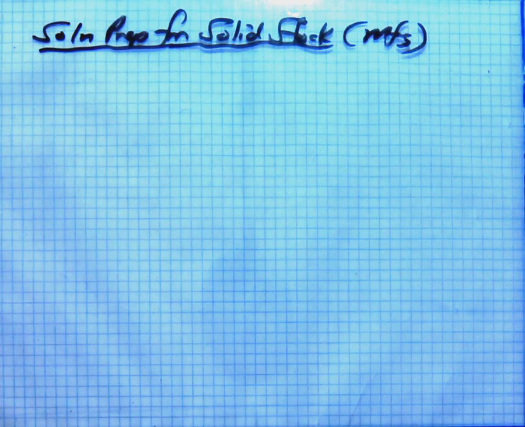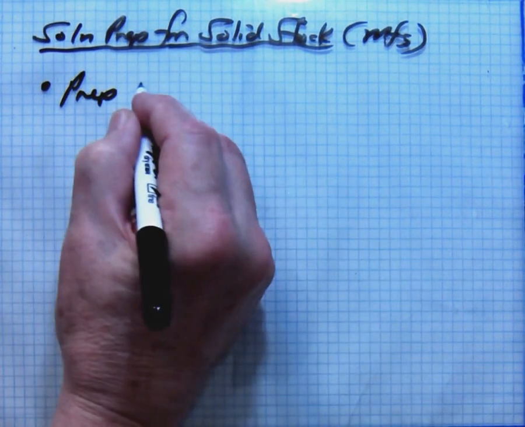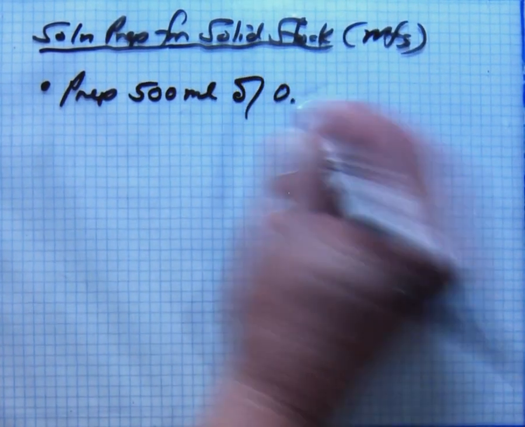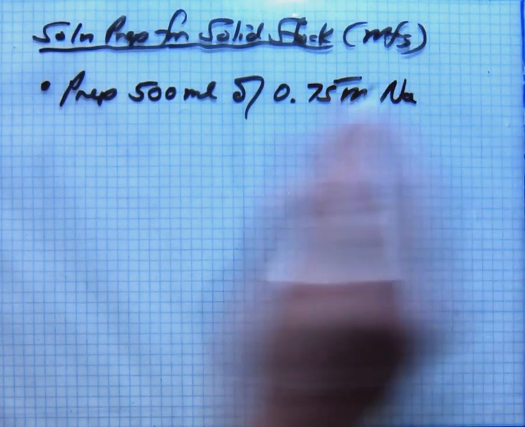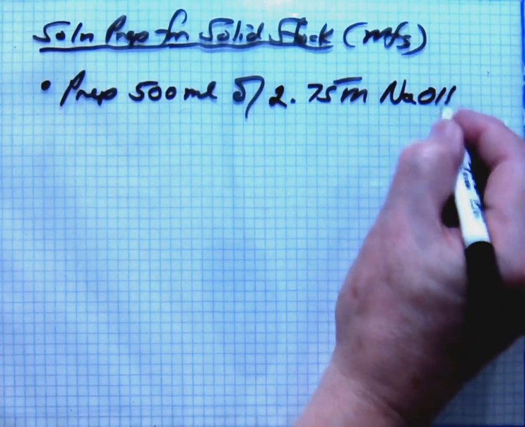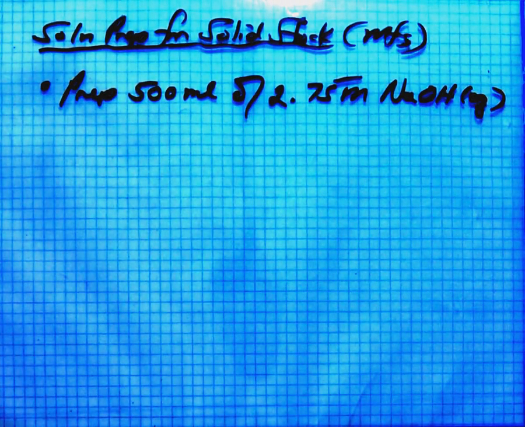But you need to use the proper amounts. So typically you'll get a problem like this. Prep 500 milliliters of 2.75 molar sodium hydroxide aqueous solution, like that.